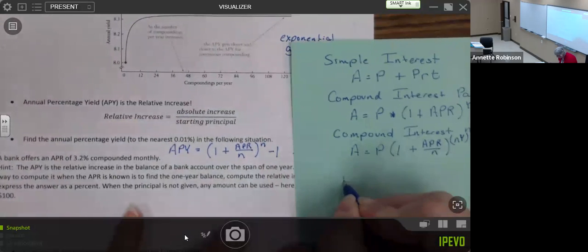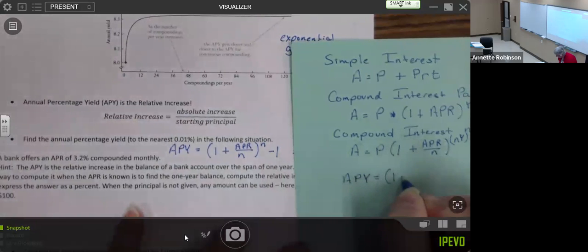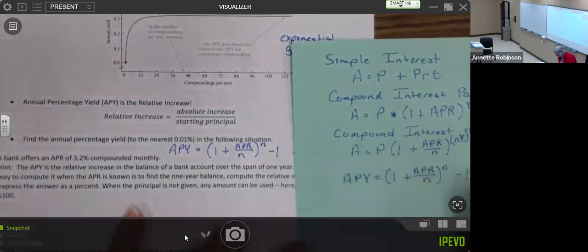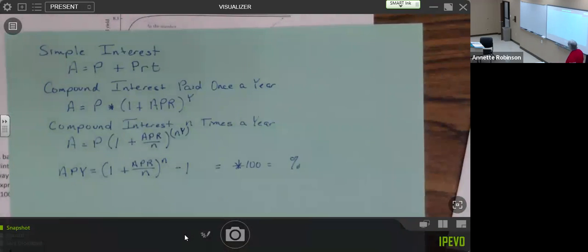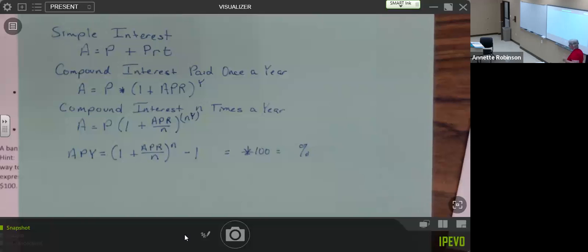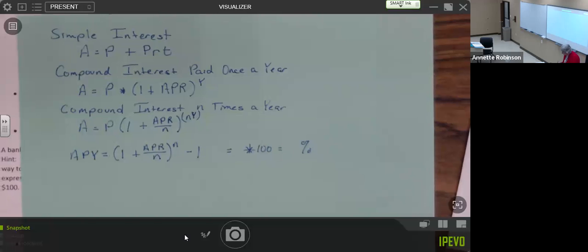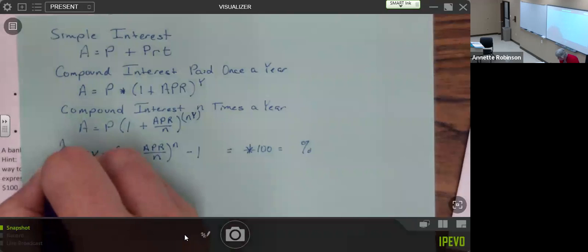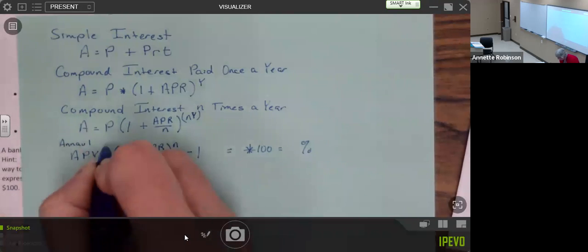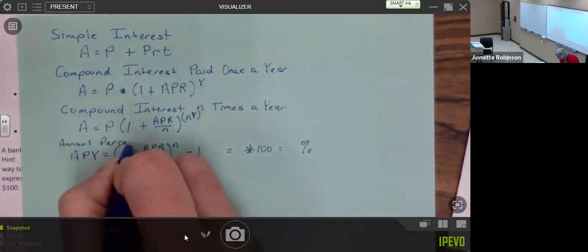Find your annual percentage yield: 1 plus APR over n, raised to the n, minus 1. After the equal, you want to multiply by 100 because you're given 8%. You want to title that annual percentage yield. I don't blame you.